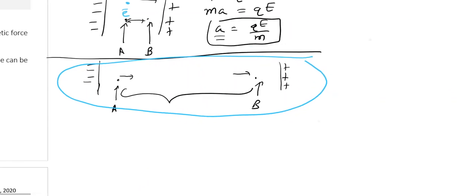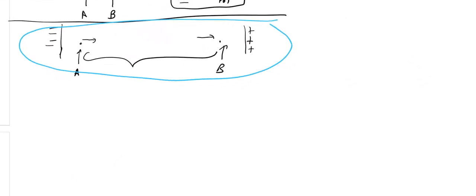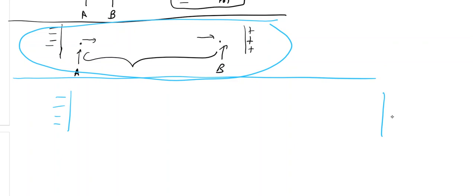So what is the basic logic of cyclotron? The basic logic of cyclotron is, say, what I want is a situation where in a very large area I have a uniform electric field, and then I expect my charged particle to travel a very large distance. Why a very large distance?